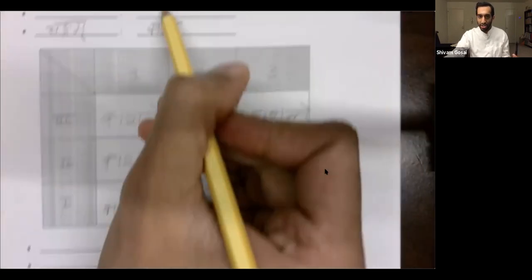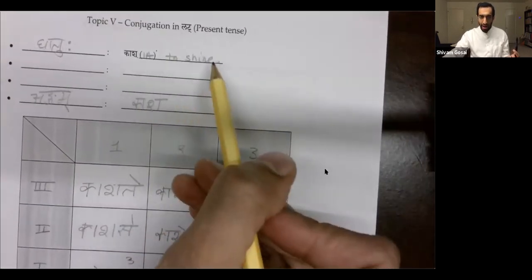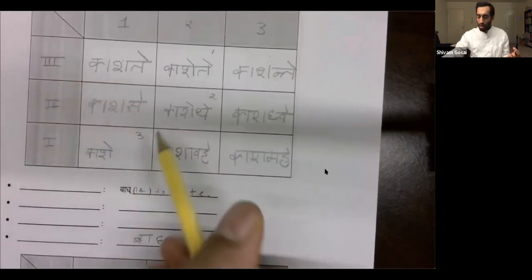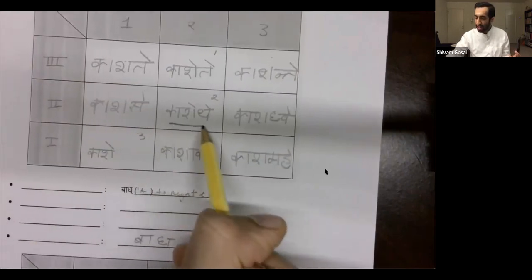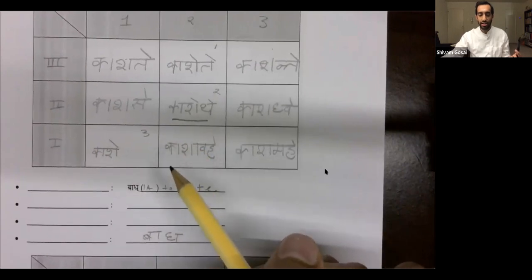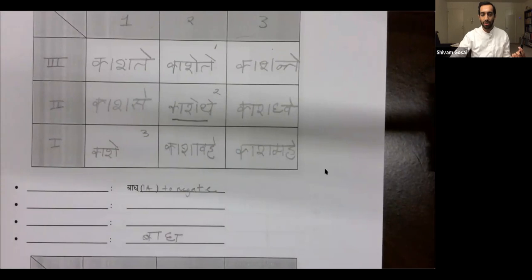So this means kash is 1A, to shine. So how do I translate kashete? How do I translate kashete? What is the translation of that? So can someone tell me in the chat?